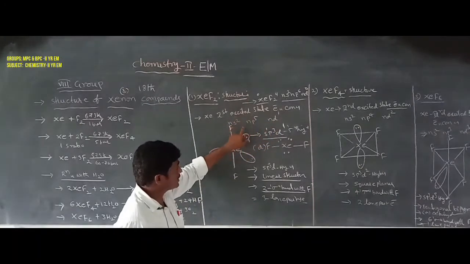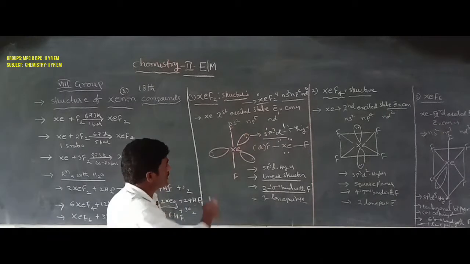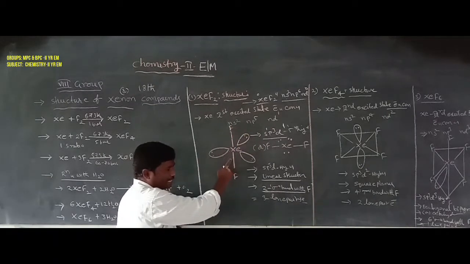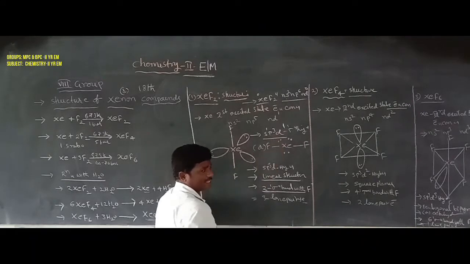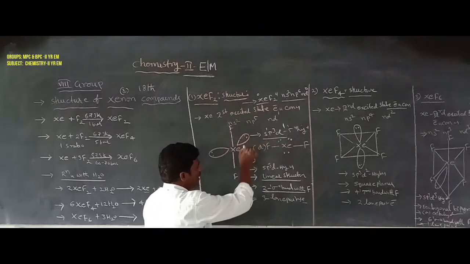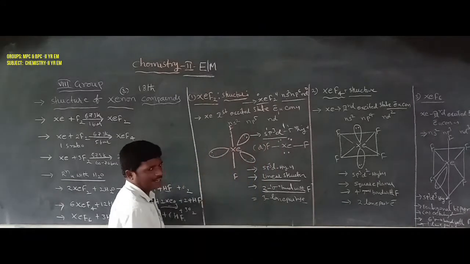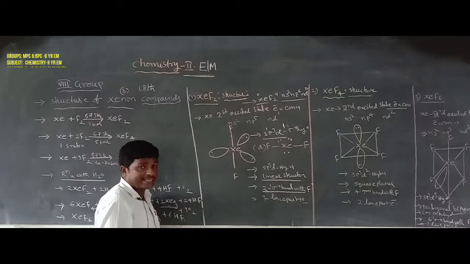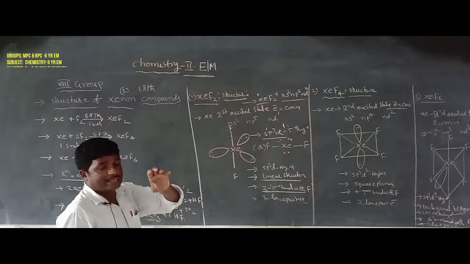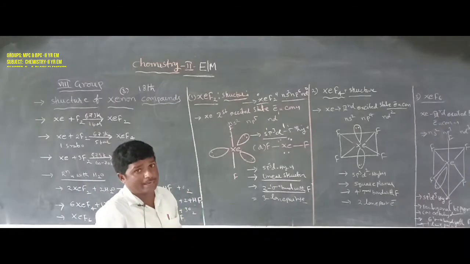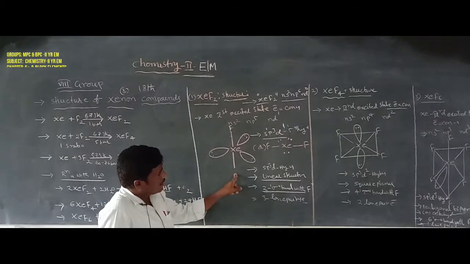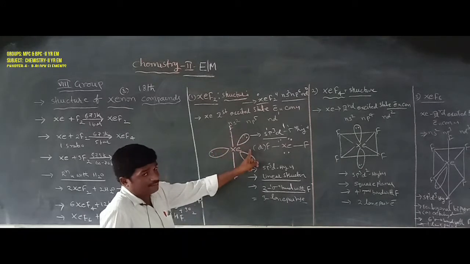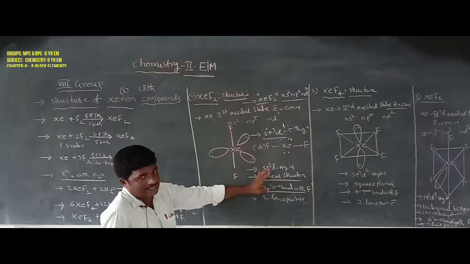Xenon is the central atom and undergoes sp3d hybridization, forming 5 sp3d hybrid orbitals. Of these, 2 are bond pairs with the fluorine atoms and the remaining 3 are lone pairs, forming a linear structure.